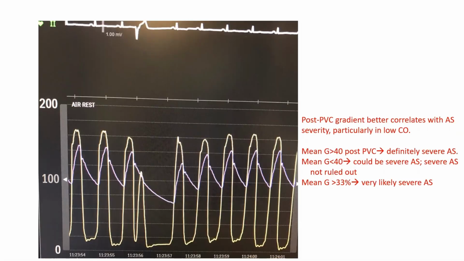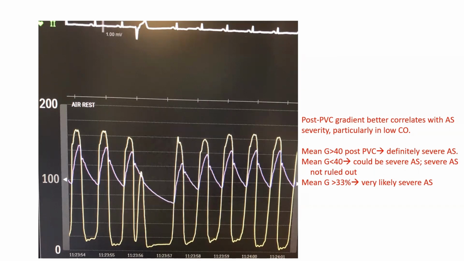How can you prove severe AS aside from PVC? How can you increase the flow and prove severe AS? What's a classic way? Dobutamine. Does it apply to patients with normal EF?